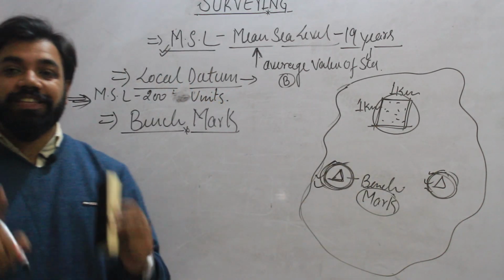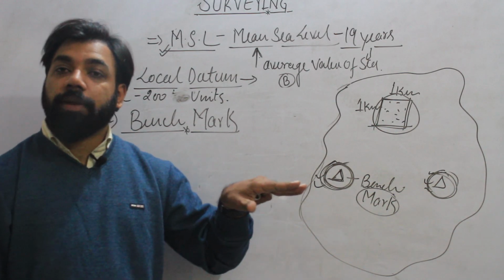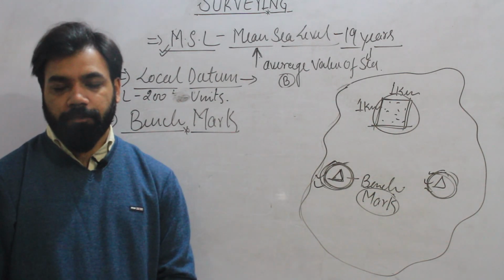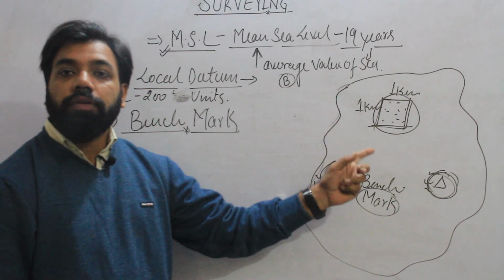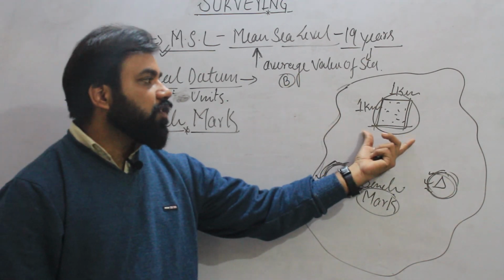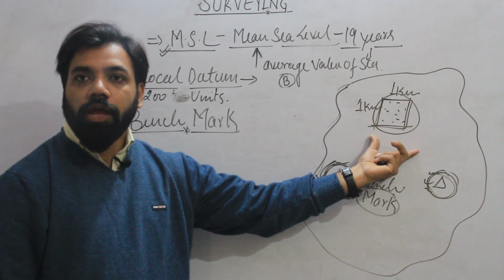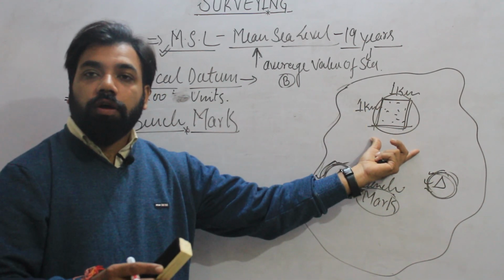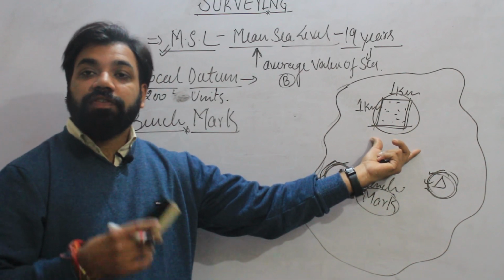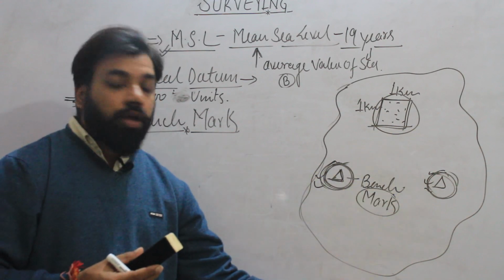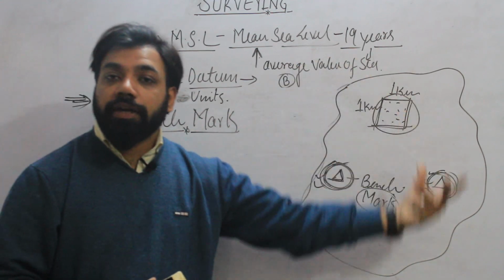These points are mentioned very accurately with respect to the mean sea level, because we cannot take the reading again and again. Suppose we are working in a very small area, 1 kilometer by 1 kilometer, and we are considering our datum with respect to mean sea level, because mean sea level is established for the entire country.